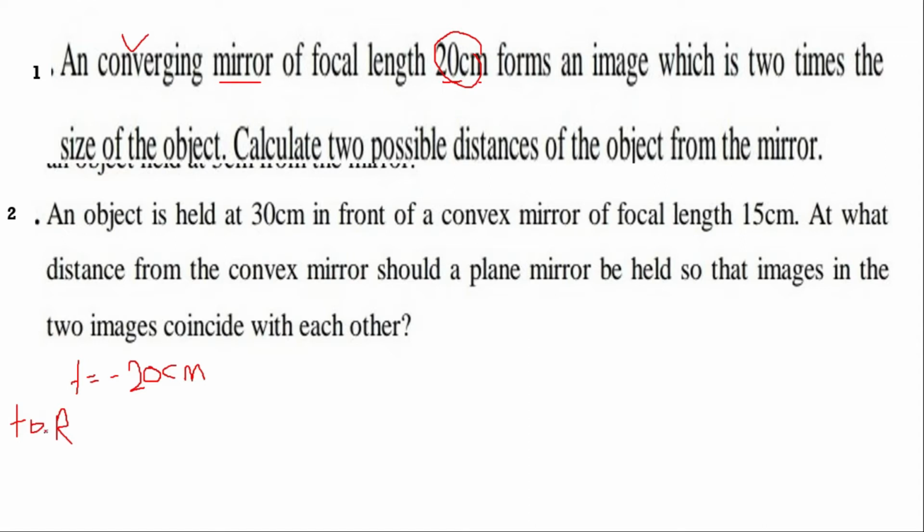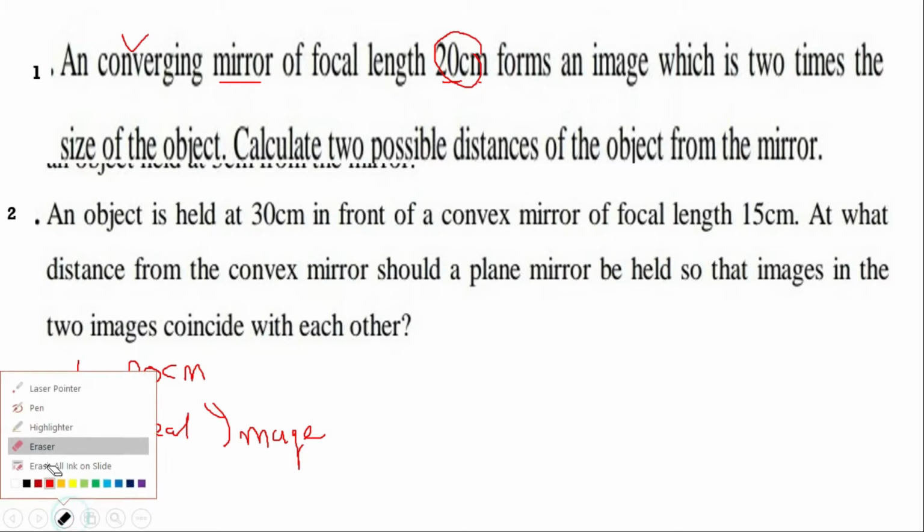For real images, m will be negative. For real images, we'll take m equal to minus 2.